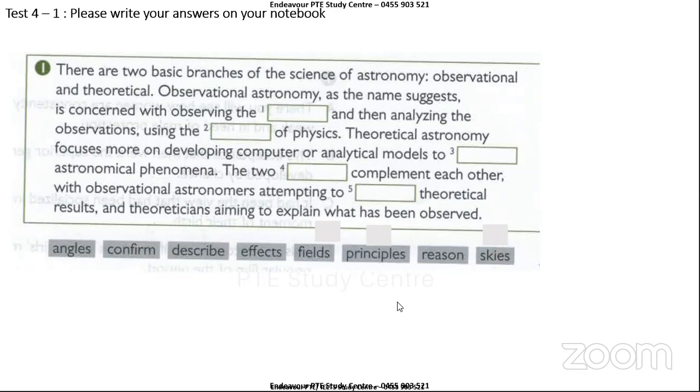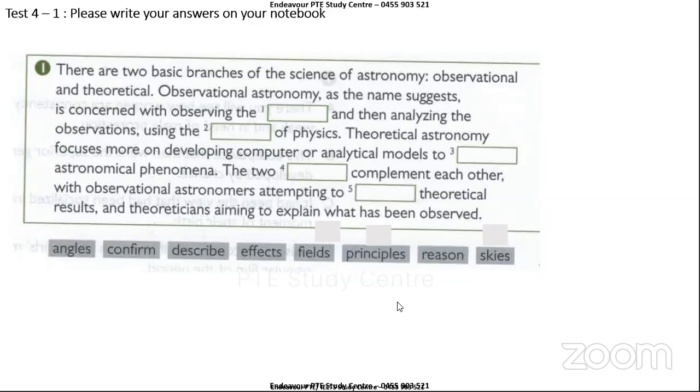There are two basic branches of science of astronomy, observational and theoretical. Observational astronomy, as the name suggests, is concerned with observing the skies. In astronomy, what do we do? Astronomer, yes. Astronauts work in space.